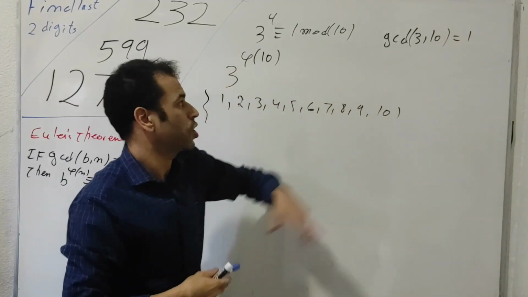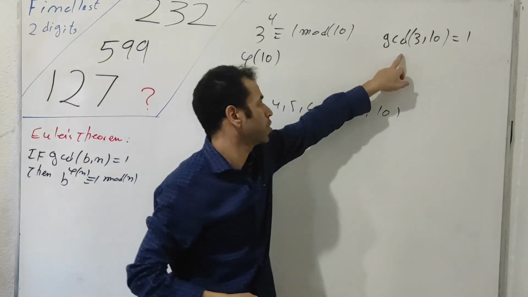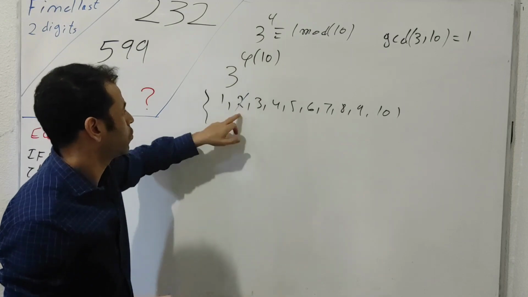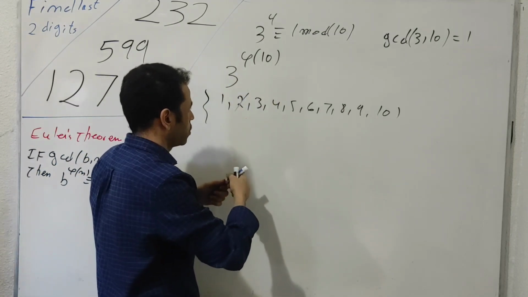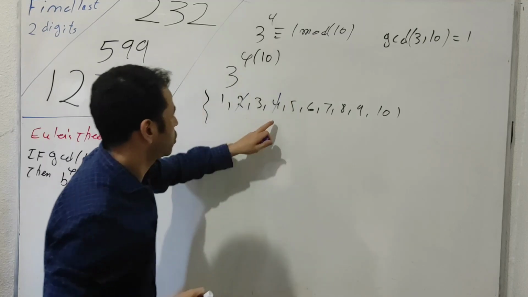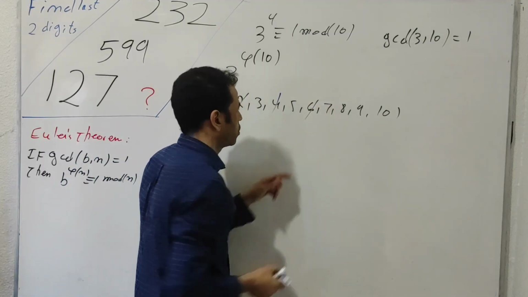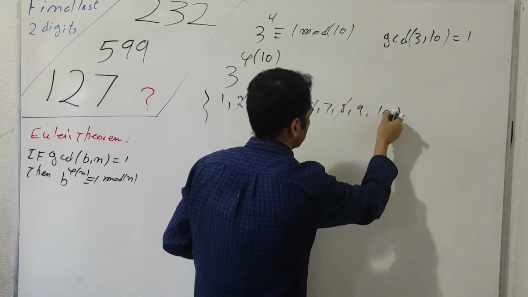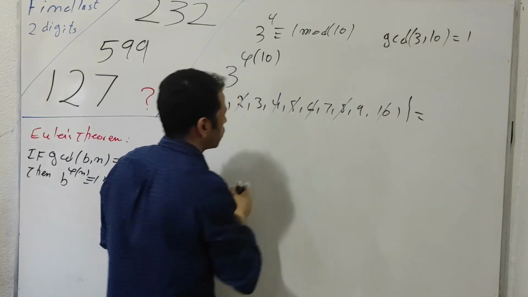If you don't have this condition, you are not allowed to use this, so you have to have this condition first. 2 will be crossed out because GCD of 2 and 10 is 2, and number 4 because its GCD is 2. Number 6, its GCD is 2. 8, the same thing, 2. Number 10, number 5 as well.